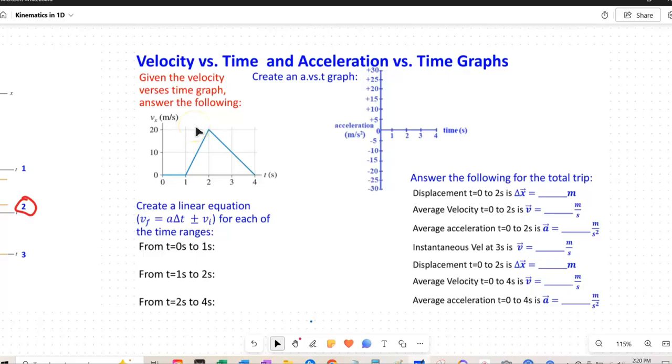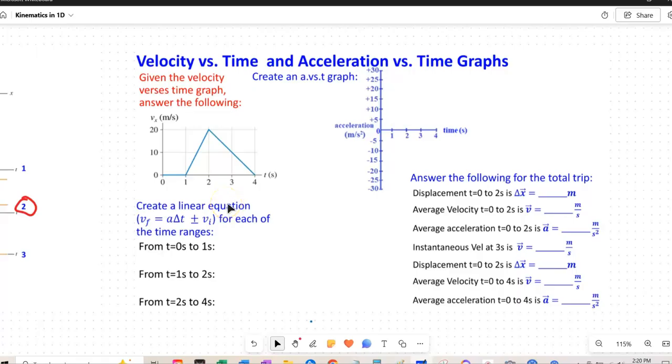Here we have a velocity versus time graph, which looks like it has 3 different types of motion. The first type of motion is from 0 to 1 seconds, a second type of motion from 1 to 2 seconds, and a third type of motion from 2 to 4 seconds.